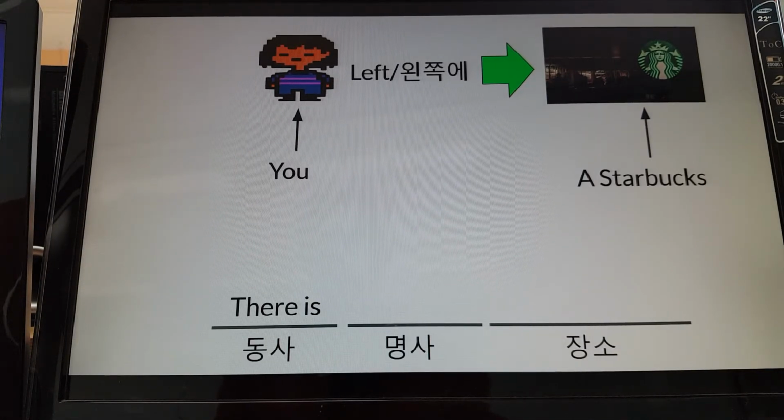A Starbucks. Good. And last, our place, which we said was on your left. So the complete phrase is, there is a Starbucks on your left.